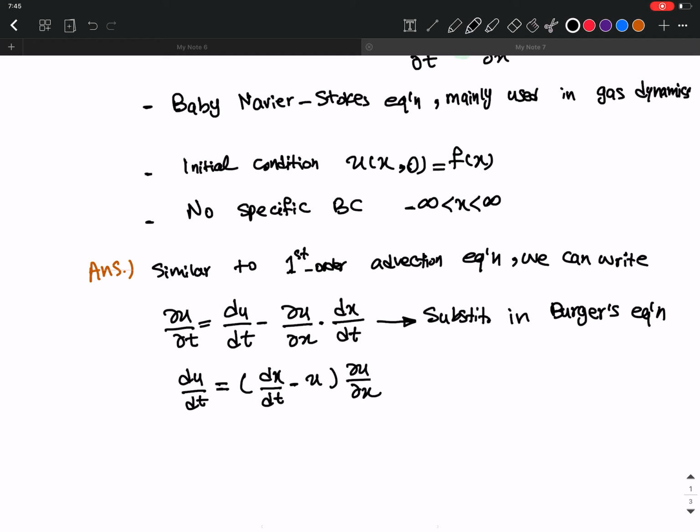As you can see, dx over dt equals to u is going to be the characteristics here. This is the characteristics.